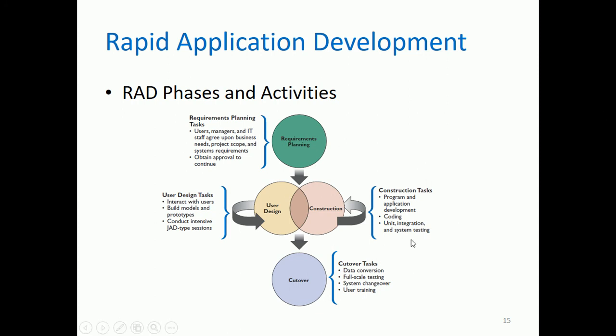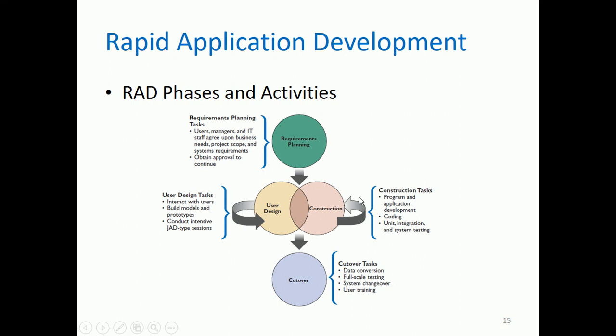Okay, for every construction, for example, when a prototype is finished, that's why again, this user design and construction are overlapping and interactive in nature. It's because if the prototype is finished being constructed, it will be shown again to the user. And then if the user suggests another feature, or wants to remove or add something, the development team will construct again.